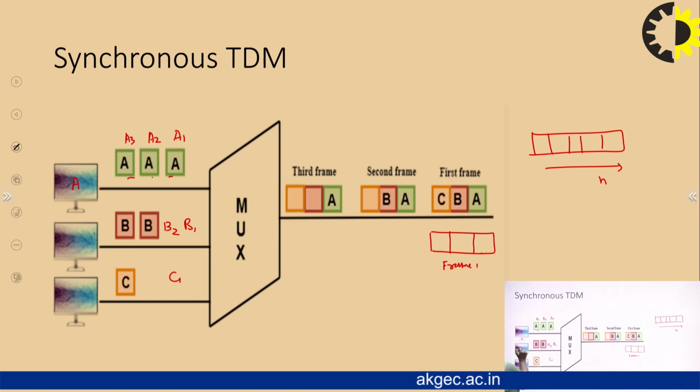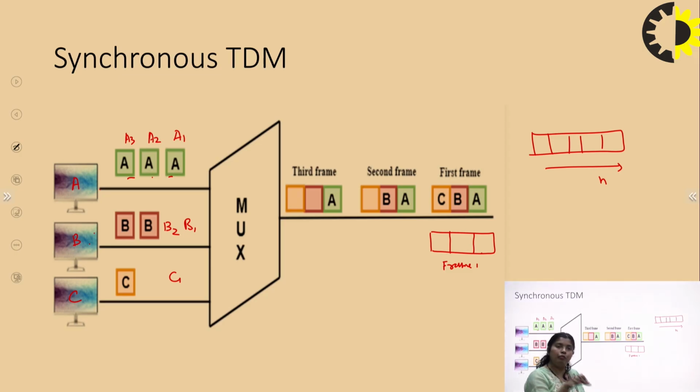The computer names are A, B and C. Since A generated A1, A2 and A3, there are 3 time slots. So, in synchronous TDM, all time slots are restricted to a specific station. If the first slot is specified for A only, and A has no frames or messages, then this particular time slot will be vacant, but no one else can transmit in it.